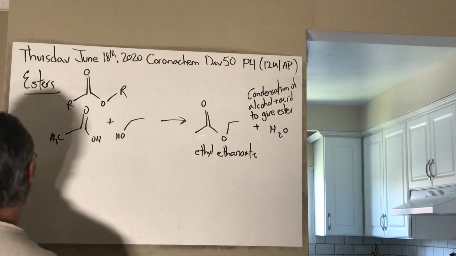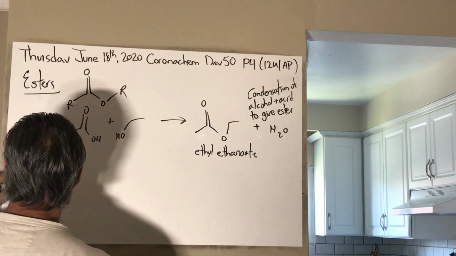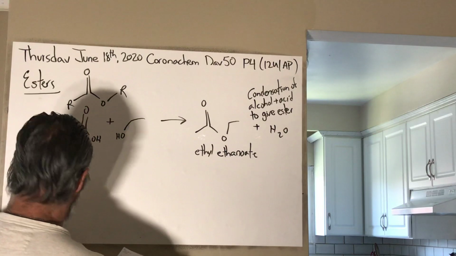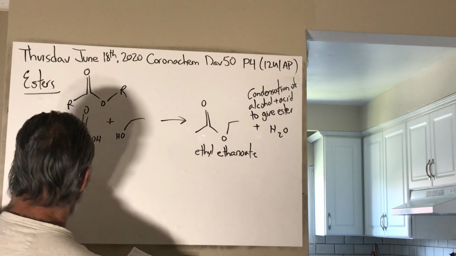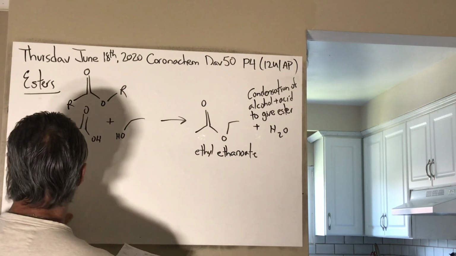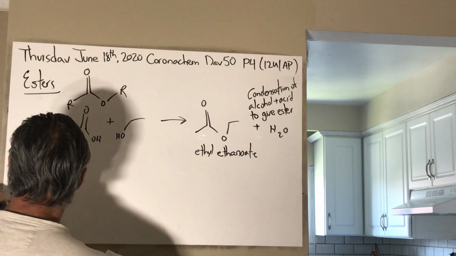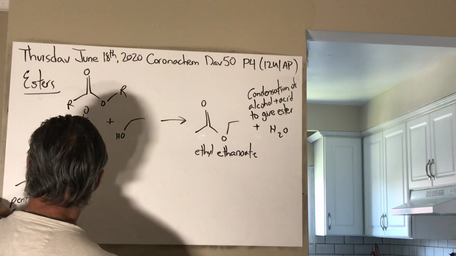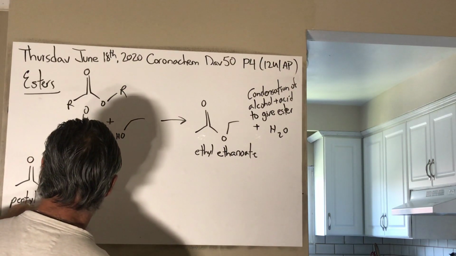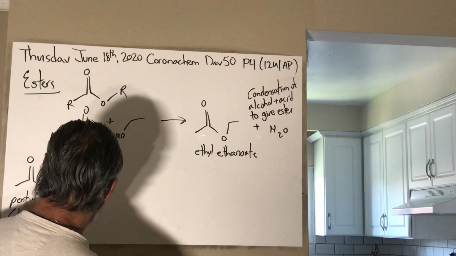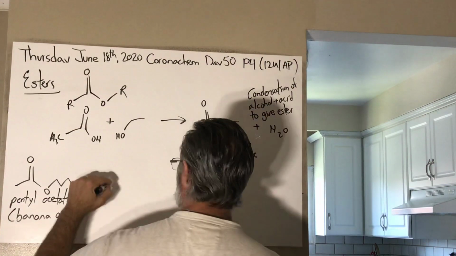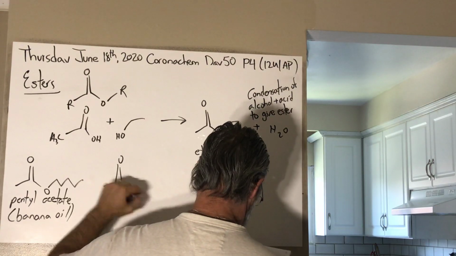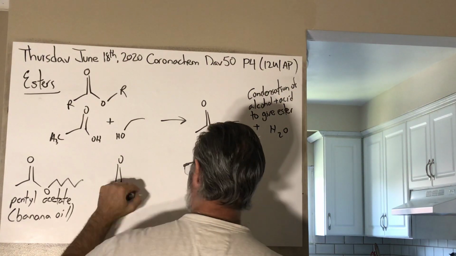Esters have pleasant odors. Let me give you some examples. This is called pentyl acetate. 1, 2, 3, 4, 5. Pentyl acetate smells like bananas. 1, 2, 3, 4, 5, 6, 7, 8.